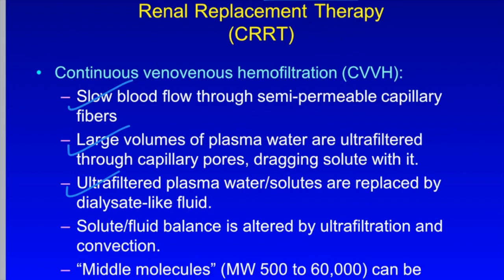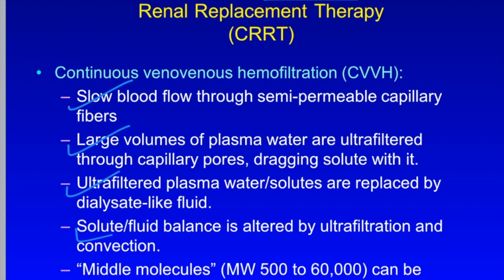Over the course of 24 hours, many liters of plasma water are gradually removed and replaced with urea and creatinine-free solution. Thus, solute and fluid balance is altered by a combination of ultrafiltration and convection. Convection can remove larger molecules than diffusion can.